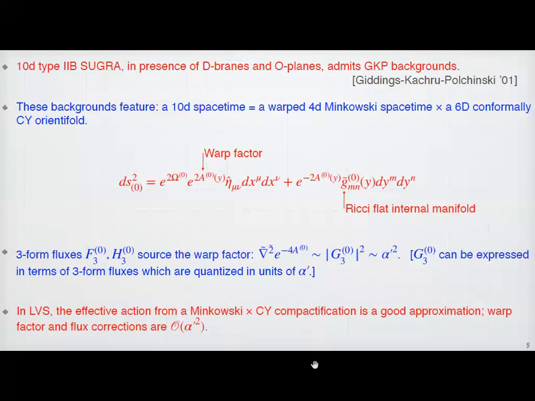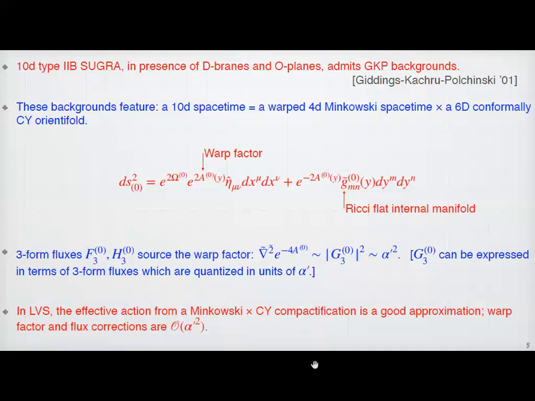Okay, so in the large volume limit, the effective action of a direct product compactification is a good approximation. From there, if you want to do precision string phenomenology, it's clear that warp factor and flux corrections are always alpha prime squared in the 4D physics.